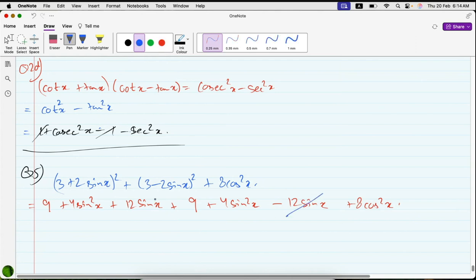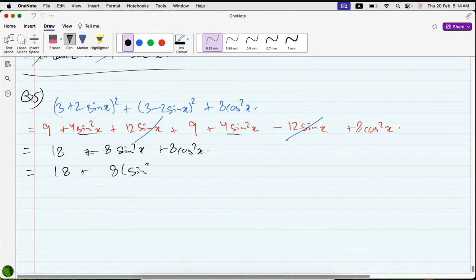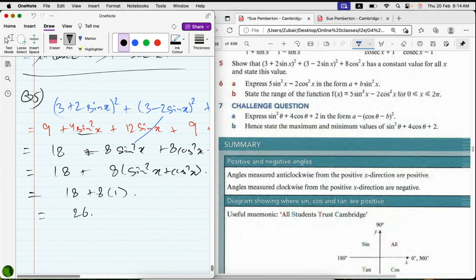So first of all, negative 12 and positive 12 go away. And I'm left with 9 plus 9 is 18, whereas 4 plus 4 is 8 sine square x plus 8 cos square x. So 18 plus 8 taken out as common is sine square x plus cos square x. That's 18 plus 8, 26. So shown that it is a constant at all times.